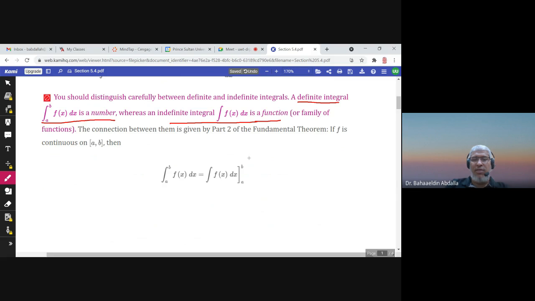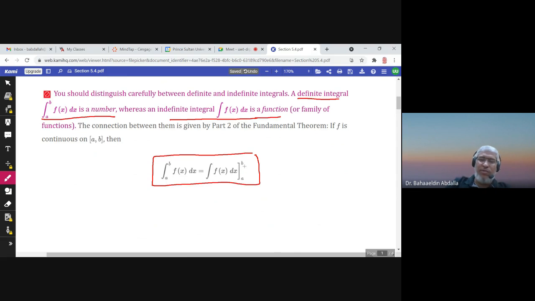So that's the connection. The definite integral of the function f of x from a to b is equal to the indefinite integral from a to b.